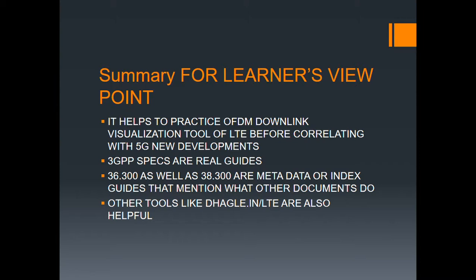So even if you have not gone through any other document, just reading 38.300 helps you to relate what all documents are written by 3GPP and what is their central idea. You will get that in a nutshell. There are other tools also like dogley.in/LTE, and we look forward to see similar evolutions for 5G also.